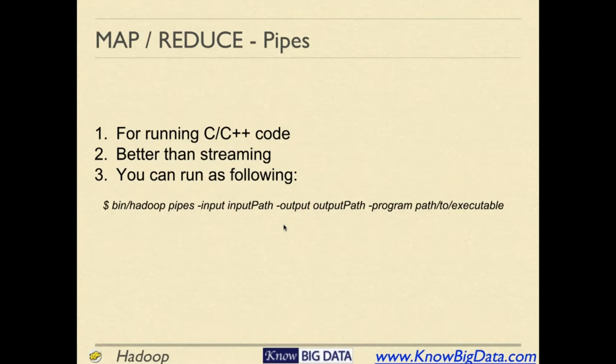The pipes command has been explicitly created for those looking for performance, specifically people working in a C and C++ environment. So for them, pipes is the answer, if performance is the first concern.